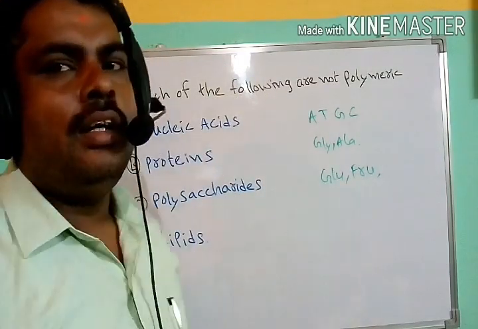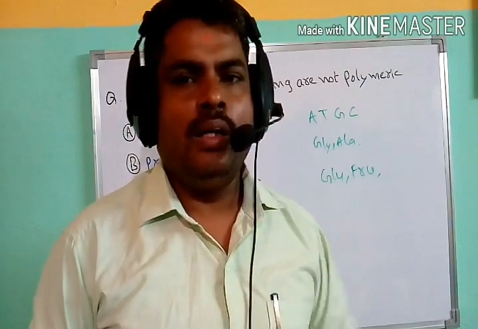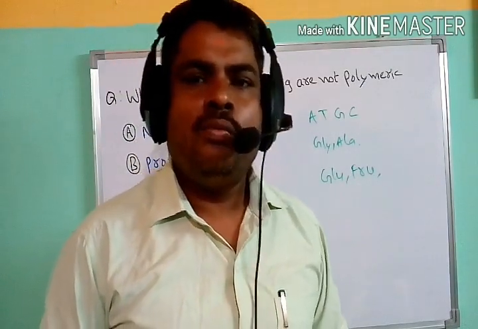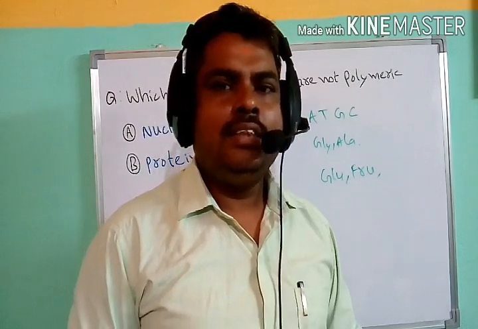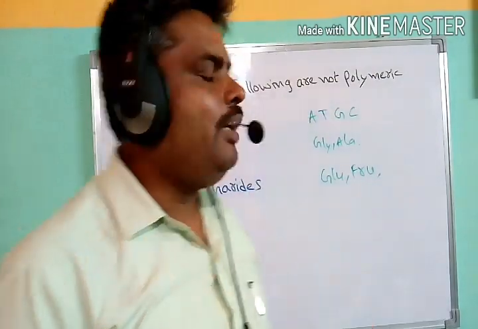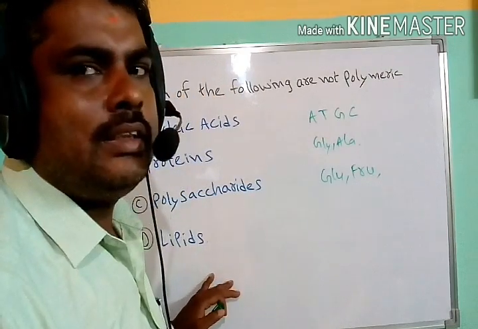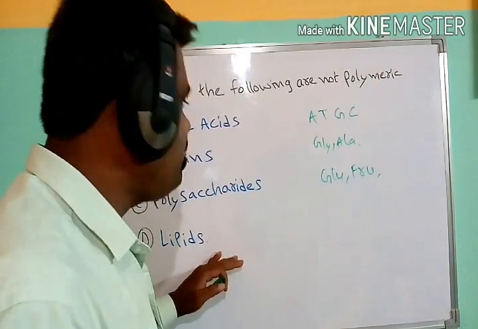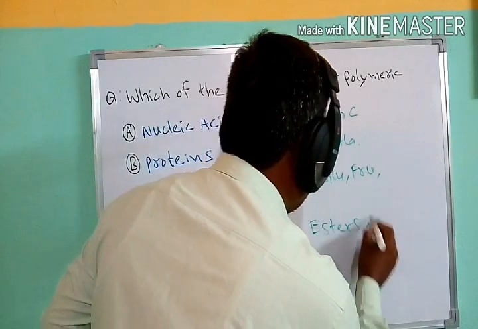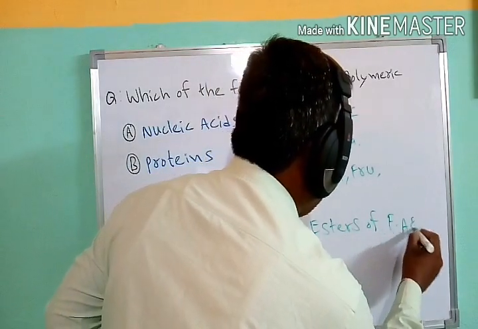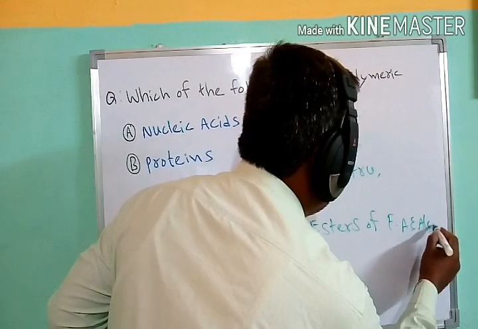Now coming to lipids. Lipids are the esters of fatty acids and alcohols. So they do not have any monomeric units. These are the esters of fatty acids and alcohol.